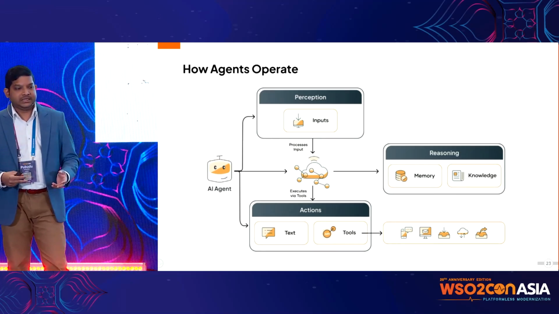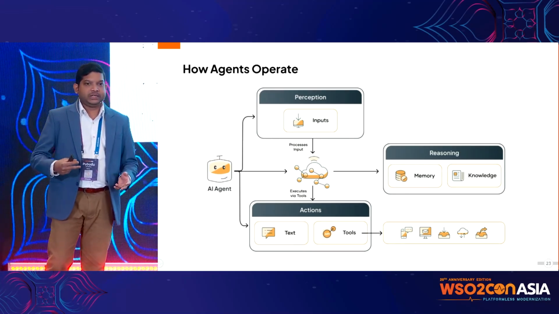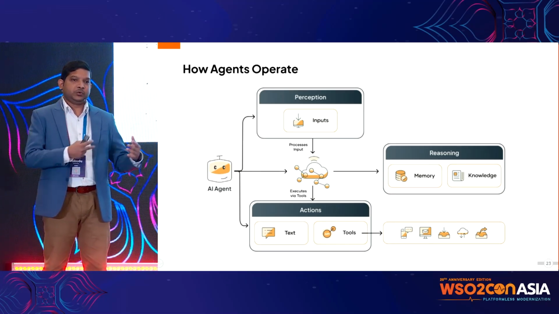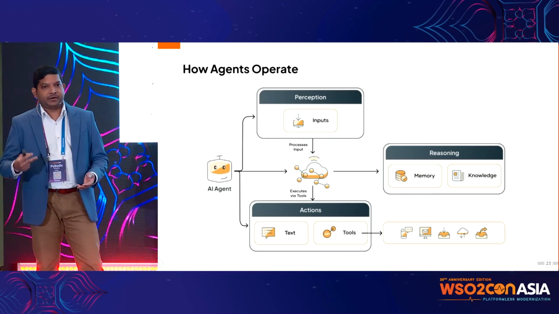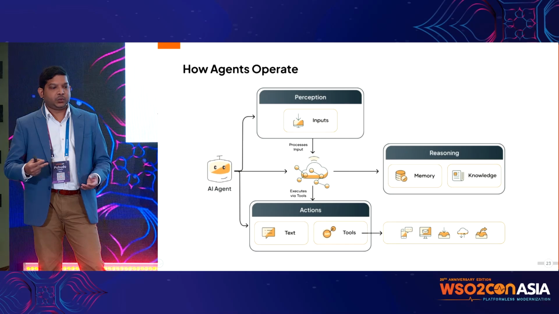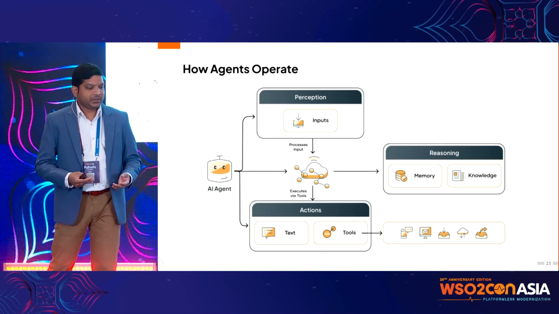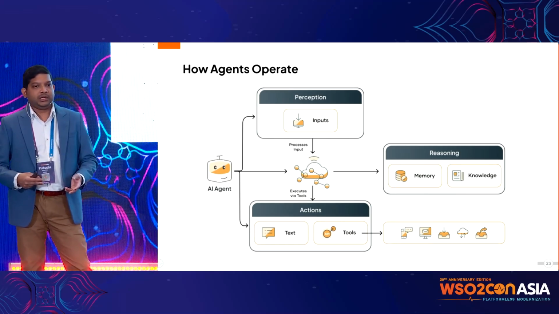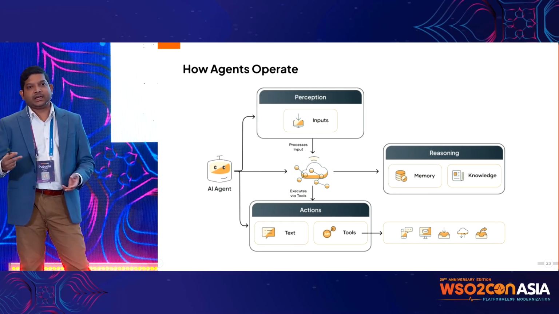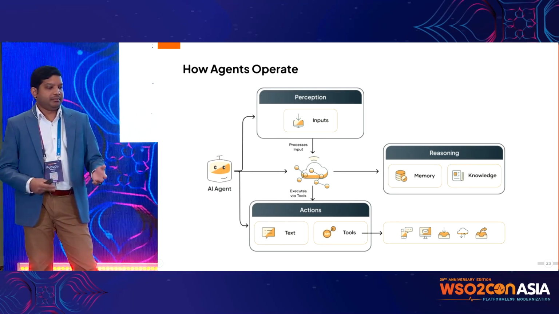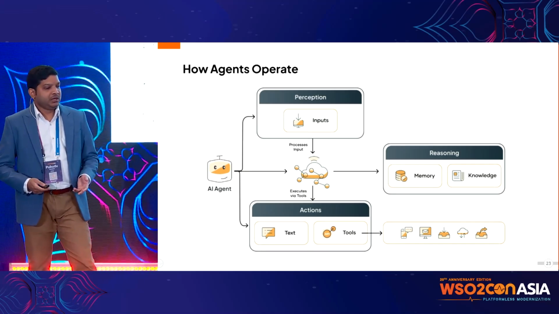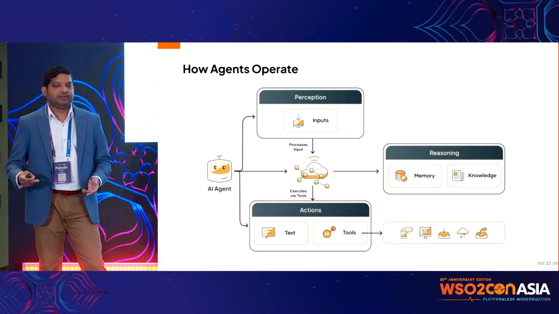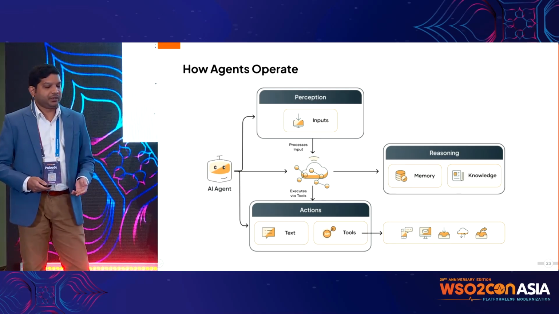Then it uses these inputs and does the reasoning, where it looks at the knowledge base it has and the memory where it can find the conversation that you had. Then when it comes to actions, it can execute an API request, execute some service call, or even execute some code in an executable way. Likewise, it will execute all these scenarios until it achieves the expected goal.